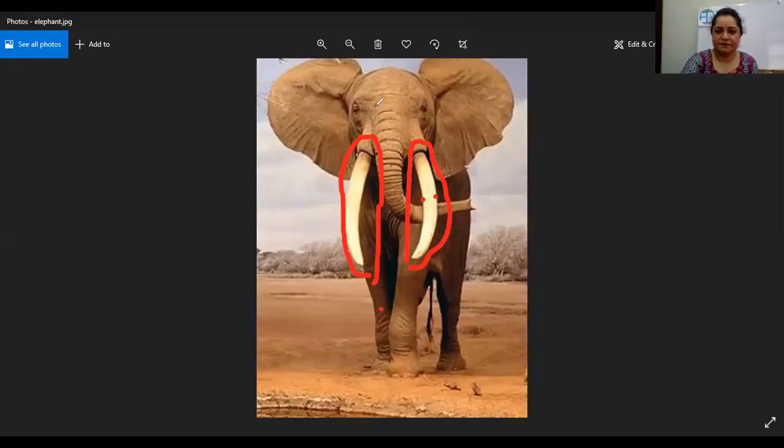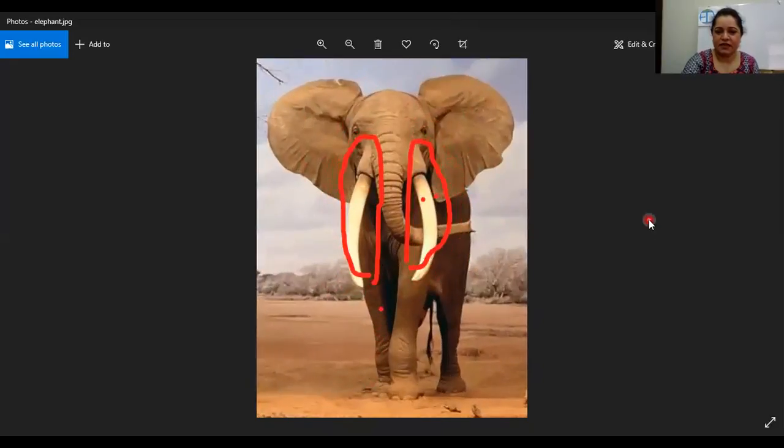What do you think? Is this a tree or something else? So this is the tusk which we are talking about, right? So what are these? Are these the teeth of the elephant, or what is this?